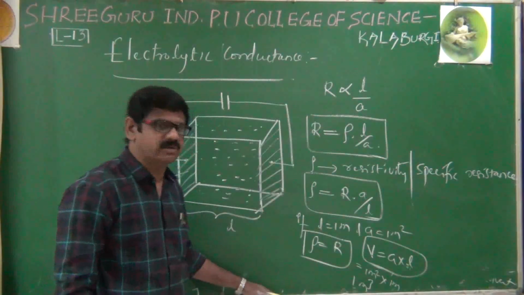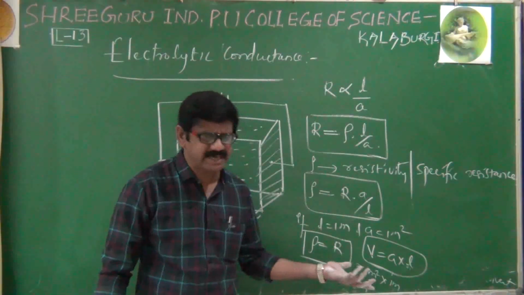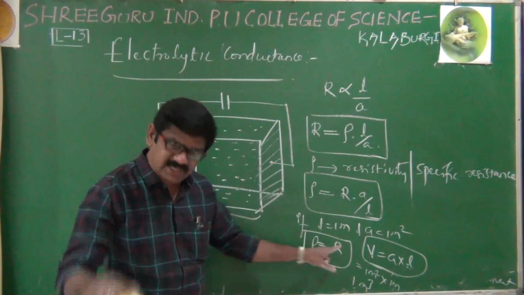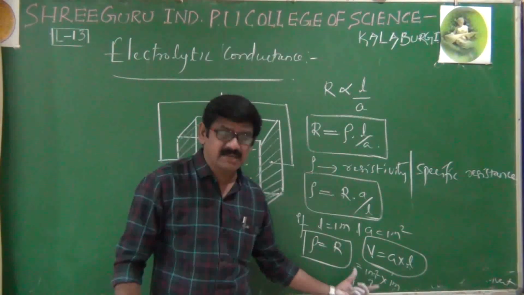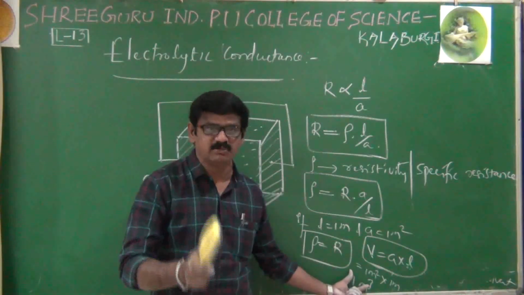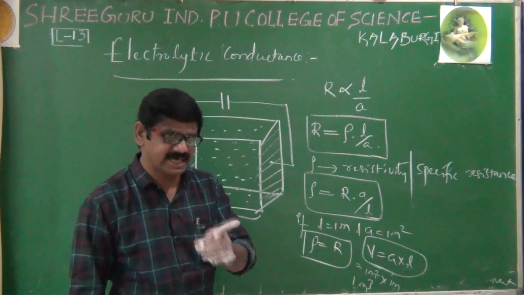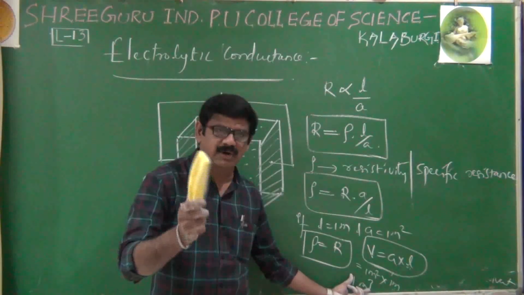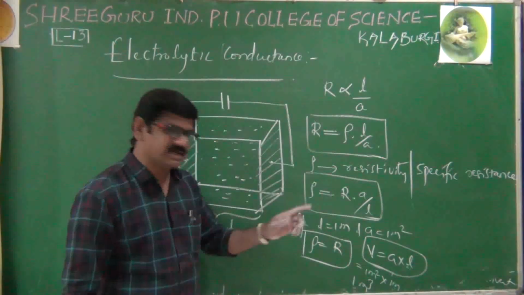Now in terms of volume, how to define it? The resistance of 1 meter cube volume of solution, electrolytic solution, is called resistivity.